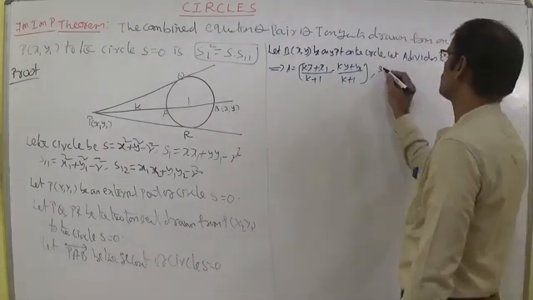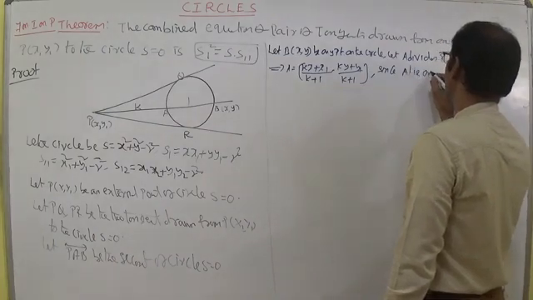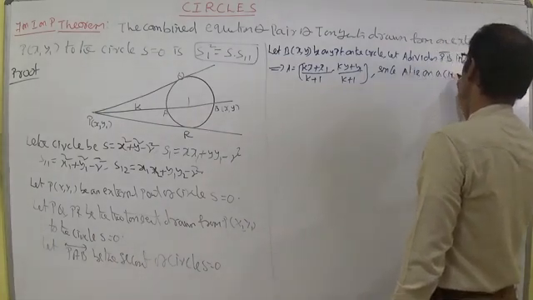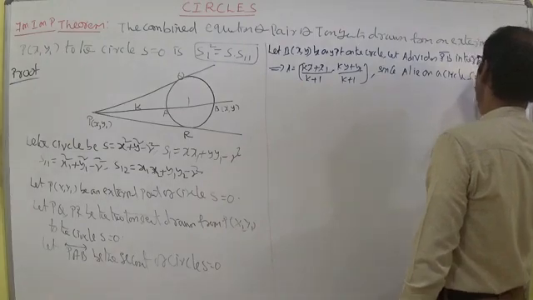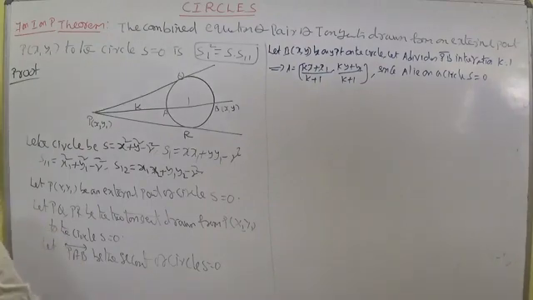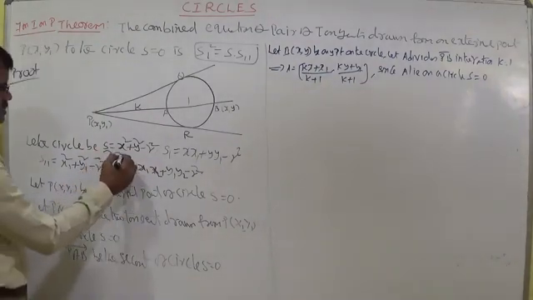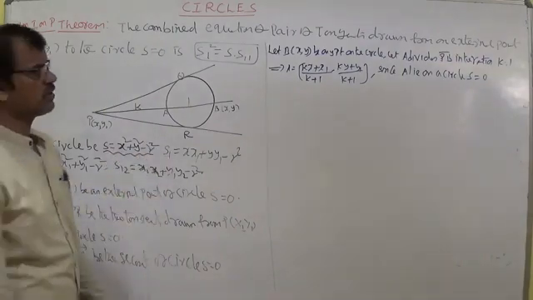Since A lies on the circle S equal to 0, you can substitute A into S equal to 0, x square plus y square minus r square. Put S11 equal to 0.